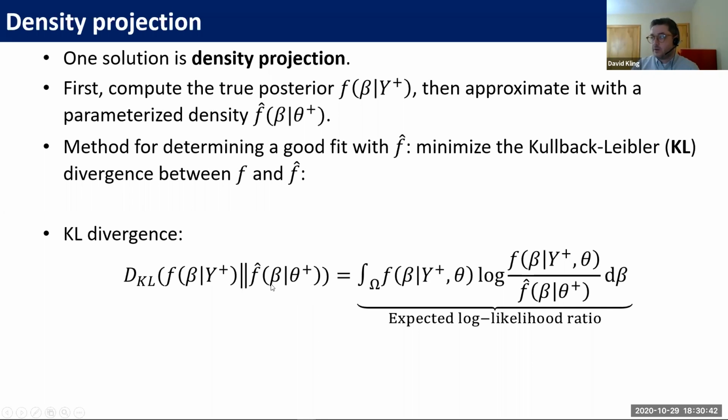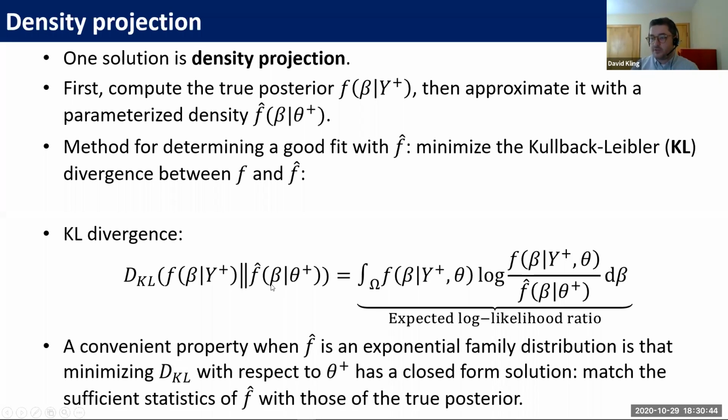true posterior here. So it turns out that a really convenient and nice property of this minimization is that if you're using an exponential family distribution as your approximating density, like the gamma, normal, log normal, this minimization, which looks like potentially a gnarly numerical operation, has a closed form solution that you can compute quickly, and it's to match the sufficient statistics of your approximating distribution with those of the true posterior.